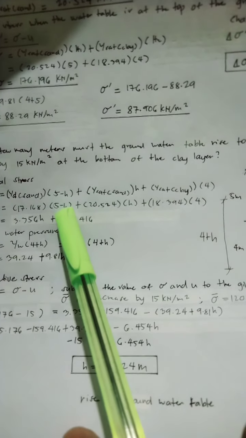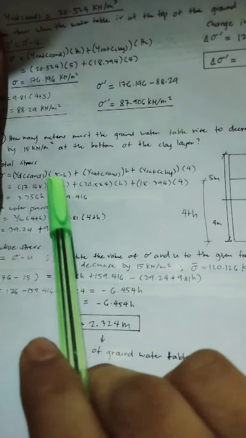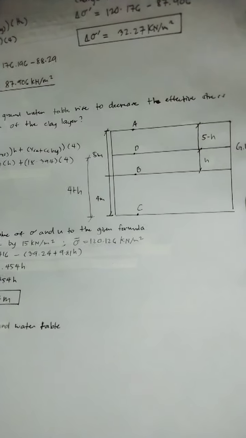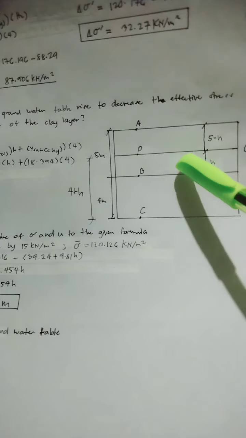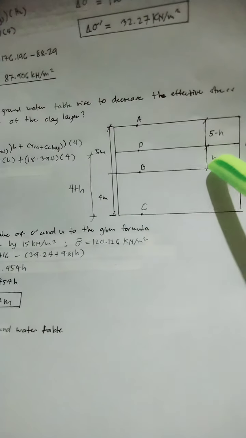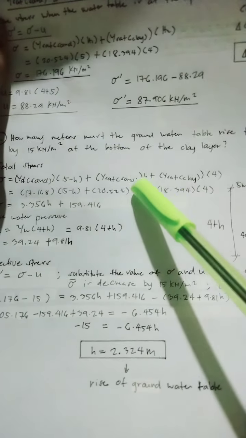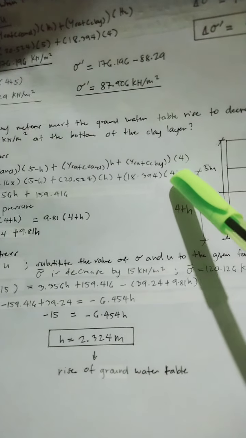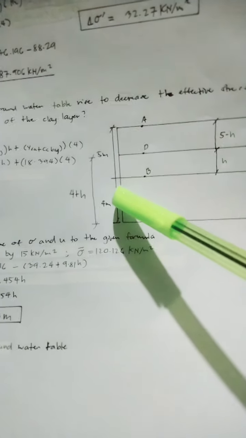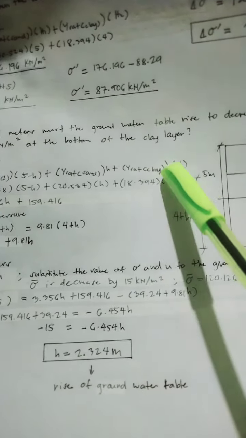The dry unit weight of the sand times its height, 5 minus h, plus the saturated unit weight of the sand from D to B, with distance h, multiplied by h, plus the saturated unit weight of the clay from B to C, with distance 4, multiplied by 4.